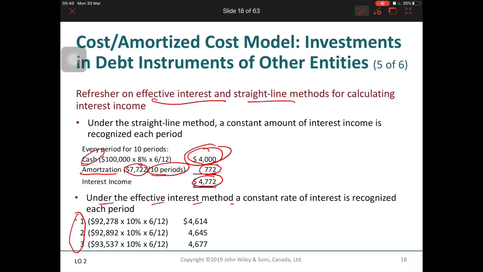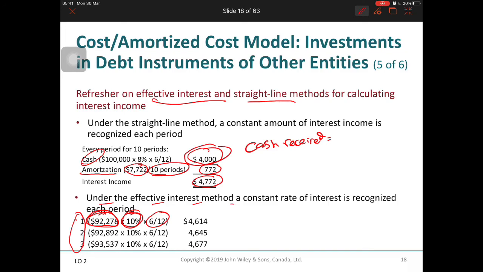It is the carrying value of the bond, multiplied by the market rate, and then multiplied by 0.5.